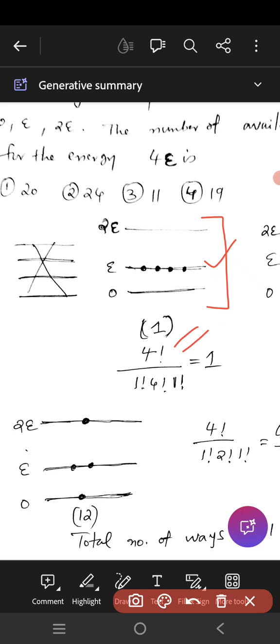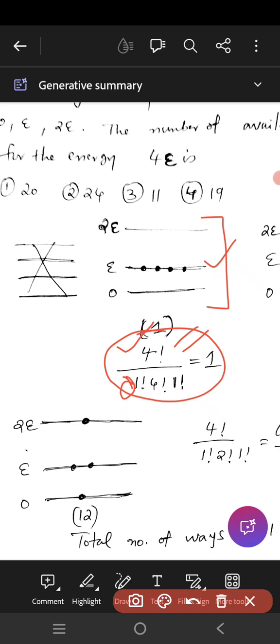So how do we calculate it? We can use this equation. The total number of particles in the system is 4, so we have 4 factorial, the ways you can arrange them. The lowest energy level has no particle, so you have 0 factorial, which is 1.